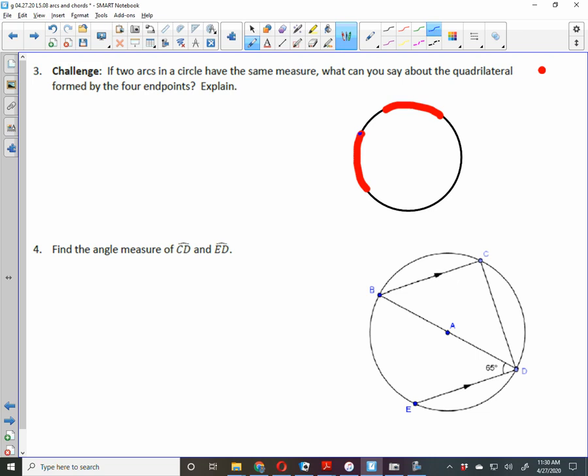If I were to connect the endpoints here and here, and here and here, what can you say about this? Do we end up with something we recognize? Well, we know that this looks like a parallelogram. These have to be parallel. So you end up with a quadrilateral where you have at least one pair of parallel sides.